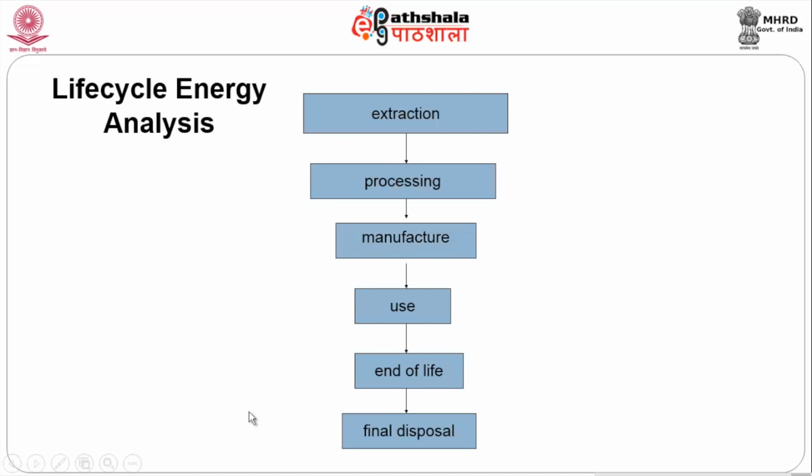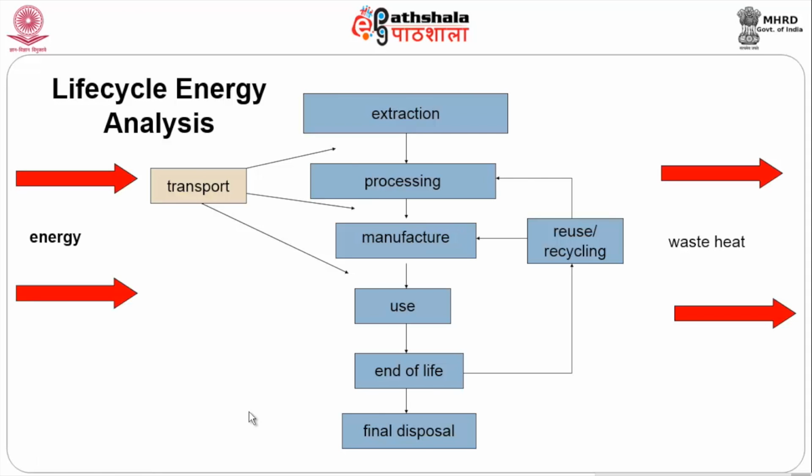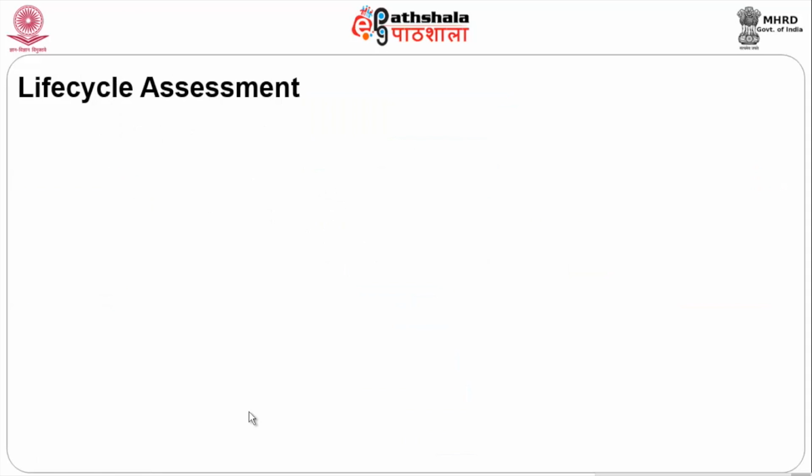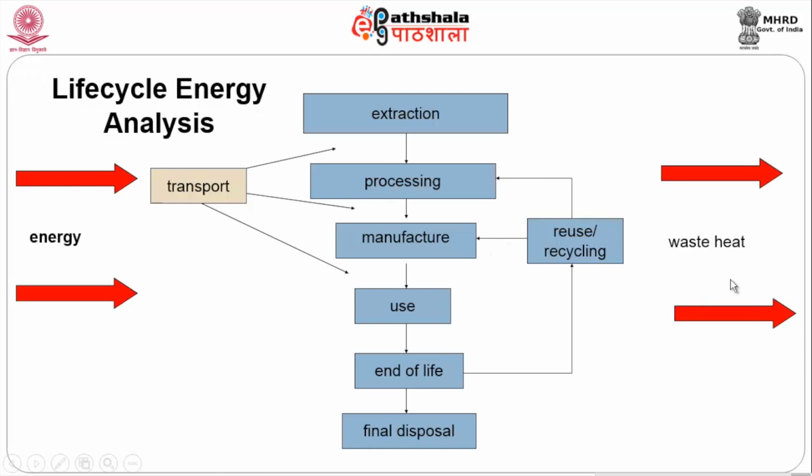Now, look at this simple graphical chart. Energies used in terms of transportation, that we look at basically from the extraction of this material, that is from the natural resources, and processing the material, like shaping it to the required sizes, carrying it from the site to processing, and then manufacturing this material into a usable form.